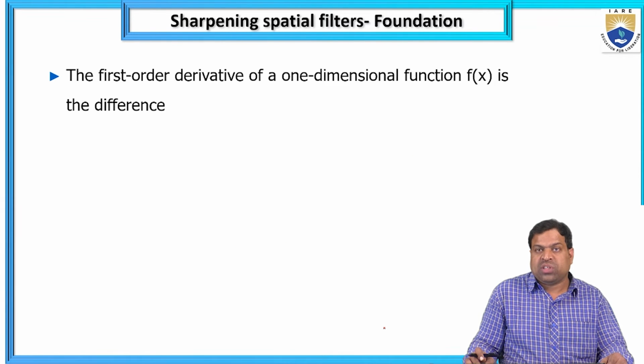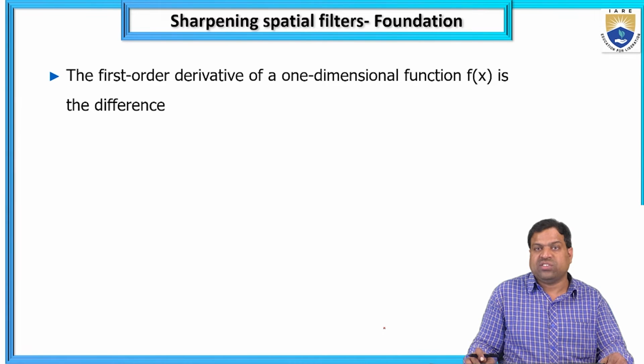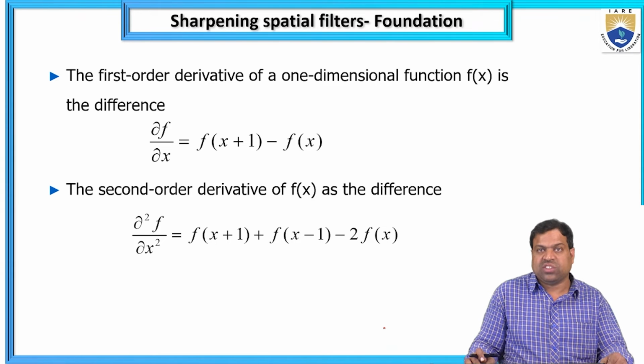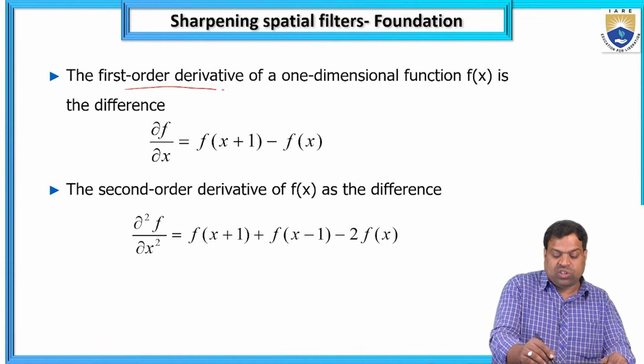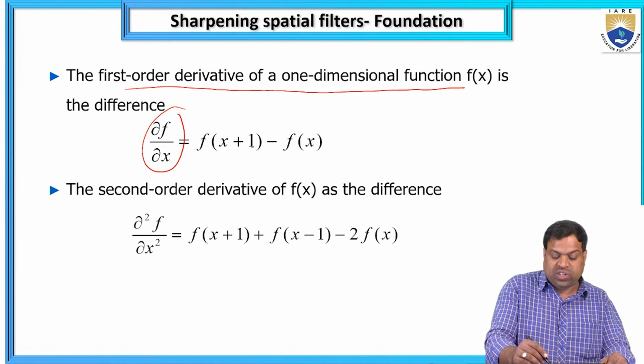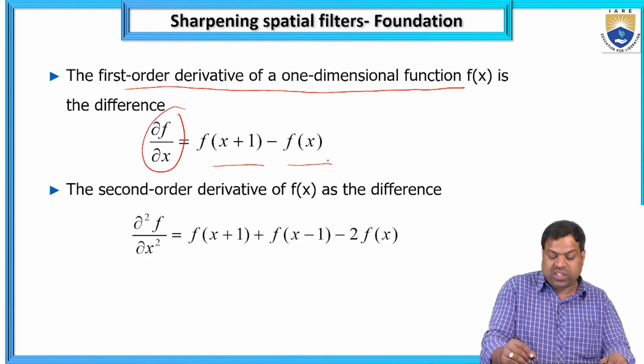The first order derivative of a one-dimensional function f of x is a difference, and the second order derivative is also a difference. So what is the first order derivative in one dimension? Dou f by dou x equals f of x plus 1 minus f of x.